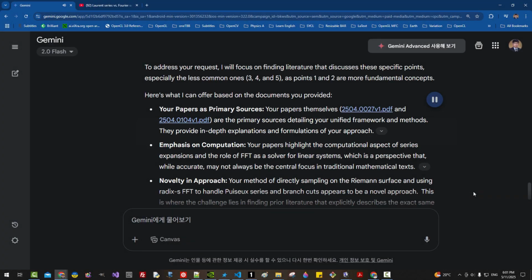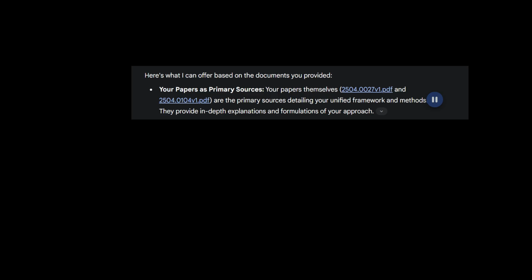To address your request, I will focus on finding literature that discusses these specific points, especially the less common ones, 3, 4, and 5, as points 1 and 2 are more fundamental concepts. Here's what I can offer based on the documents you provided.